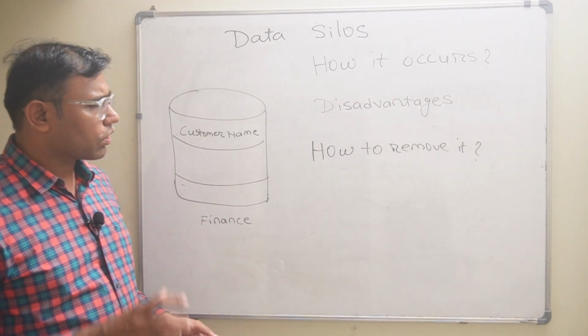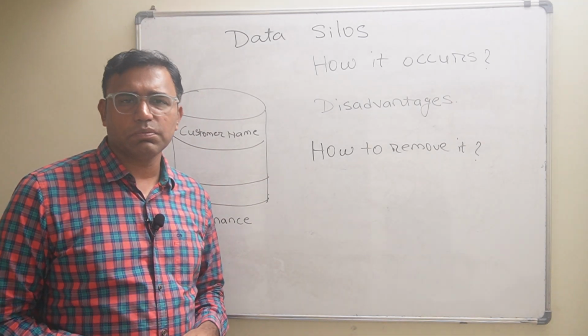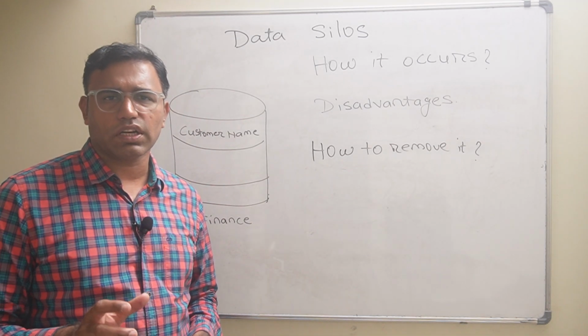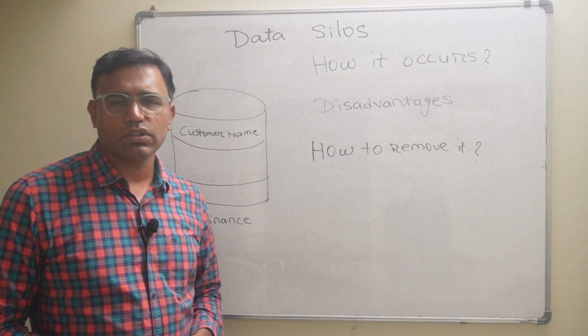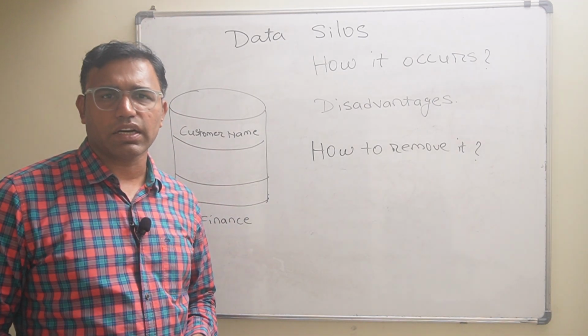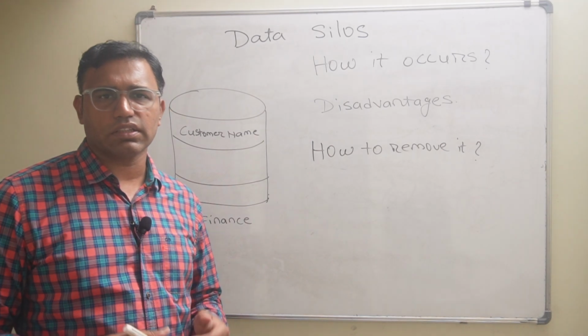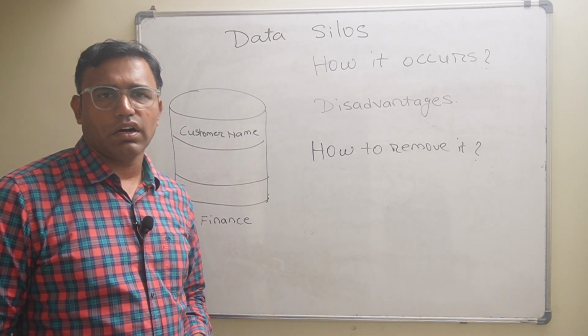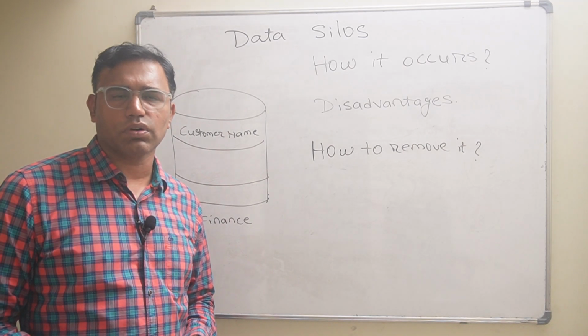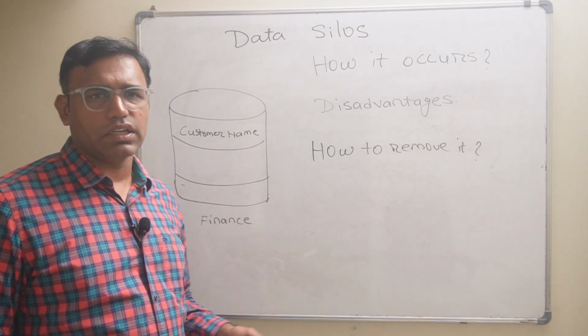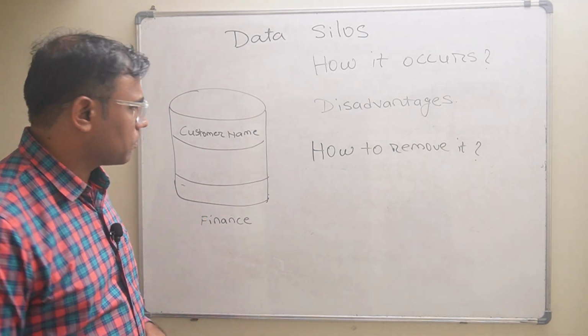Data silos generally occur in bigger organizations, because there are too many departments, and these departments have different budgets and different targets. They collect the data, and sometimes the data may be redundant, and if there is no communication between the departments, data silos generally occur.